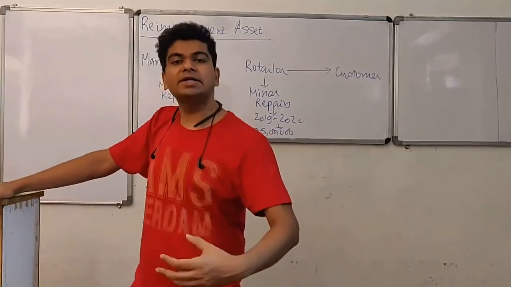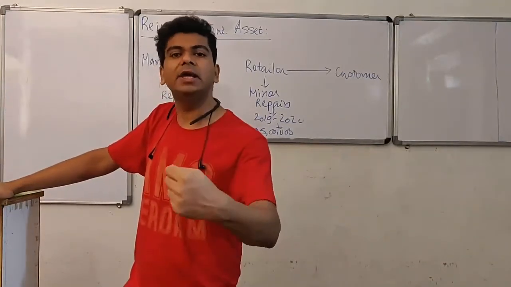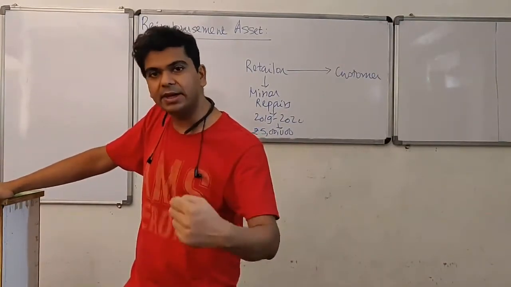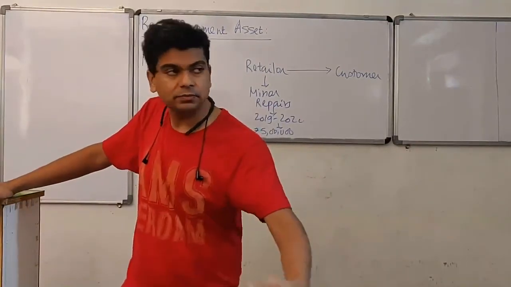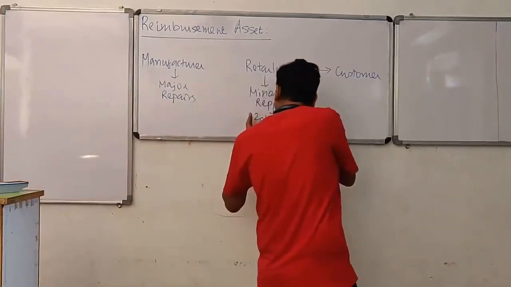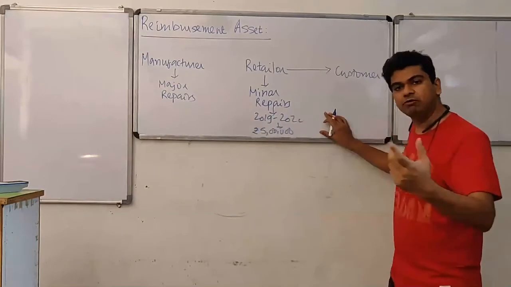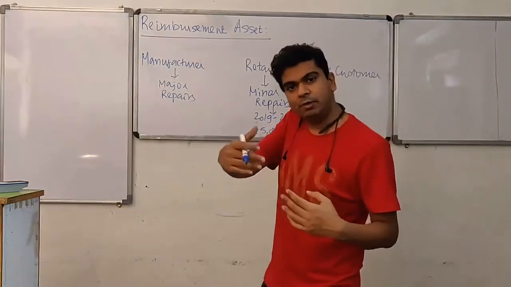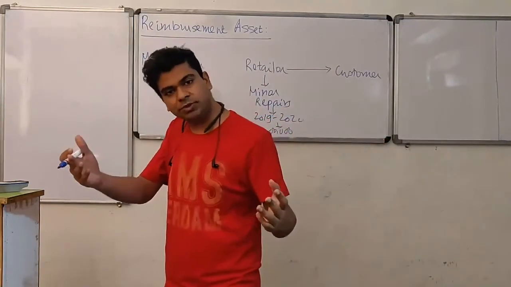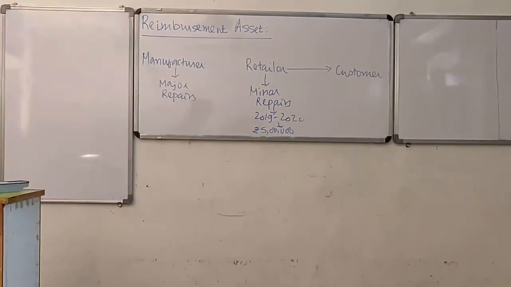When you are preparing a statement of profit and loss, report this as a reimbursement asset in your P&L. Please don't show it as other income. You incurred 5 lakhs rupees of repair expense and this repair expense will be reimbursed by the manufacturer. You are not earning any income out of it. So when you are presenting it in your financial statements, it should be presented as a realization of reimbursement asset and not as an income.